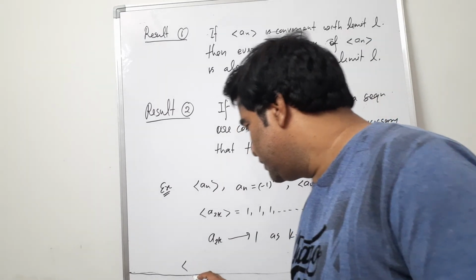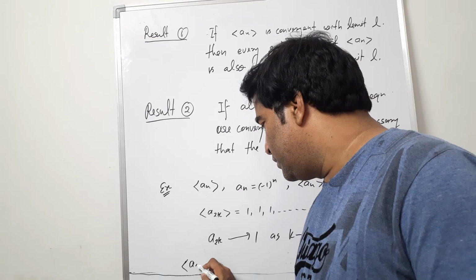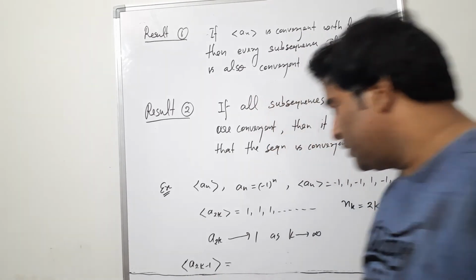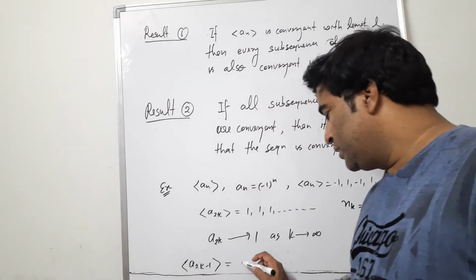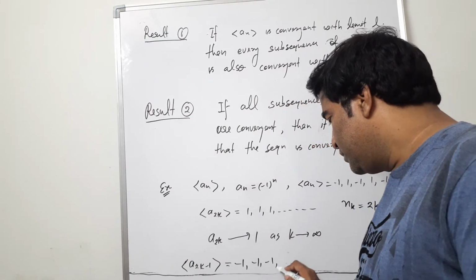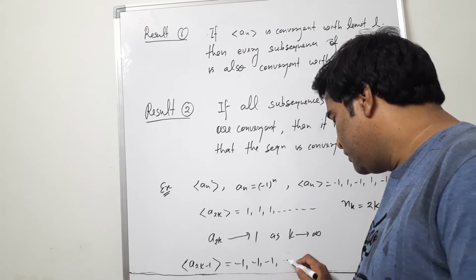Or if we take the subsequence of odd terms, then all terms of this sequence are -1, -1 and so on.